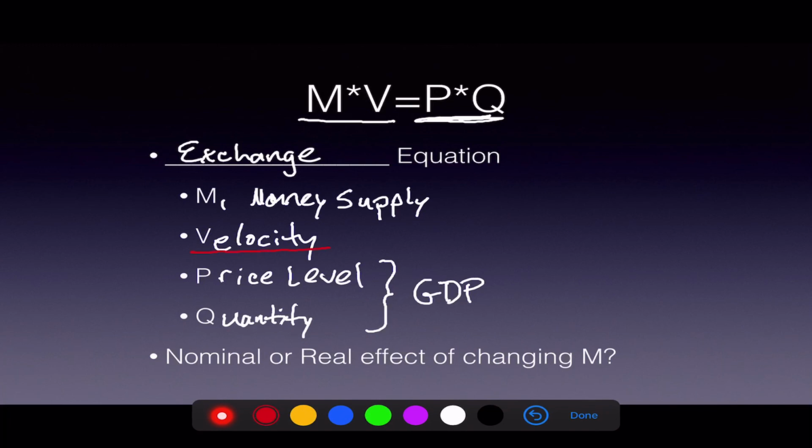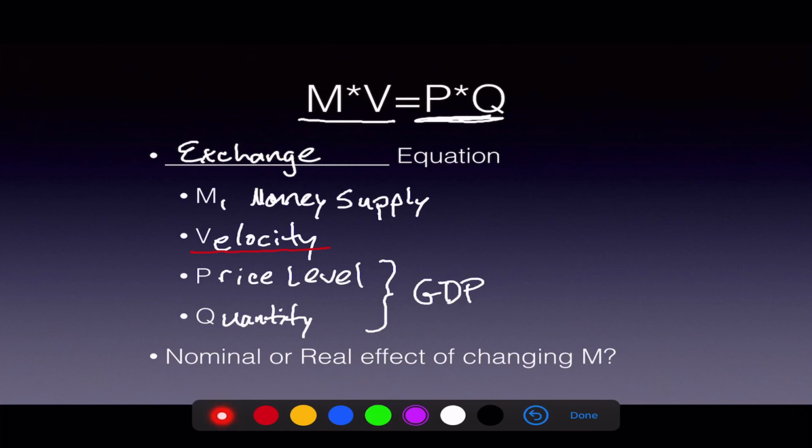The velocity of money is how frequently money is spent in a given year. If you have the amount of money that's available and the number of times that it's spent in a given year, if you multiply those, you're going to come up with this equation. The total amount of money times the number of times it's spent has to balance off with the total GDP. And so this is the exchange equation.